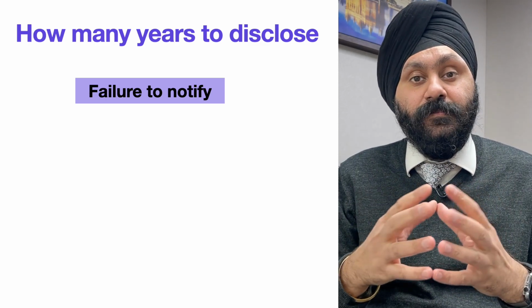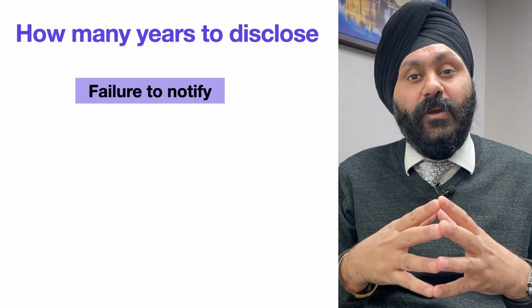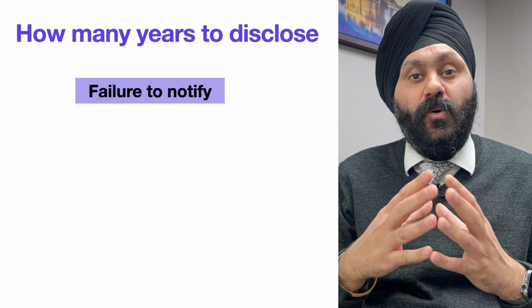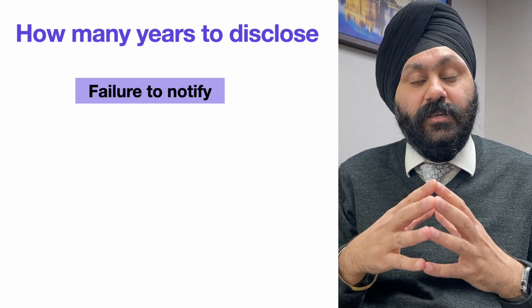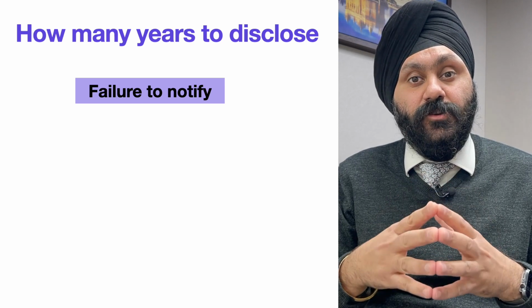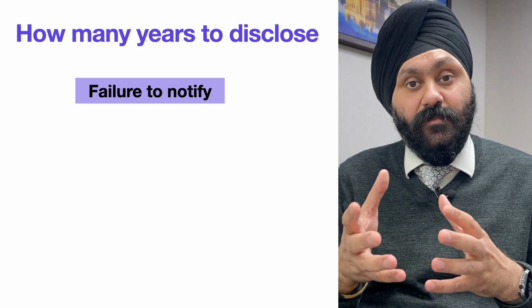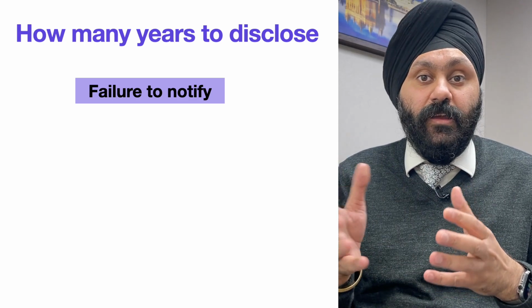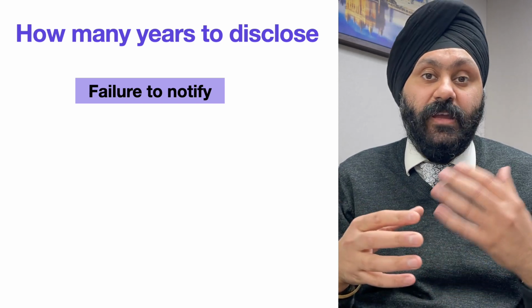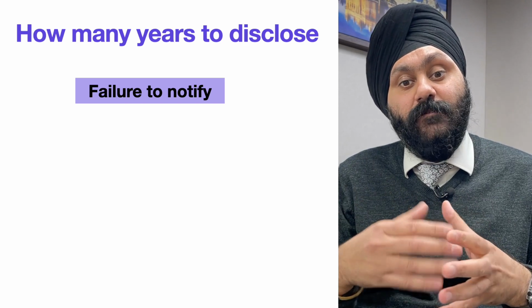For example, you are an employed individual and you become an accidental landlord, or somehow you become a landlord and forgot to disclose or register yourself with HMRC as a landlord, or register for filing a tax return so you can declare rental income. That means you failed to notify. So if you have not registered for self-assessment because of the rental income you have, that means you have failed to notify. You come under failure to notify.